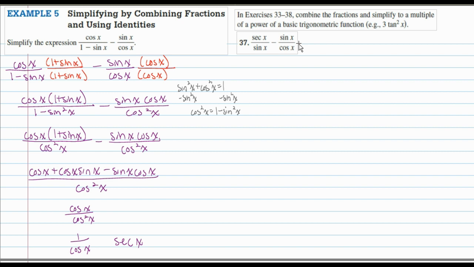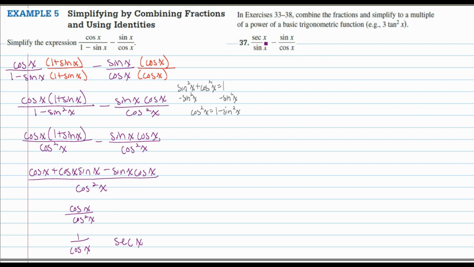Again, we don't have a common denominator, but this one, it's not really connected by a trig identity the way this last one was. Sine squared and cosine squared, without that minus 1 in there, it's really not going to help us any. So I could do one of two things.